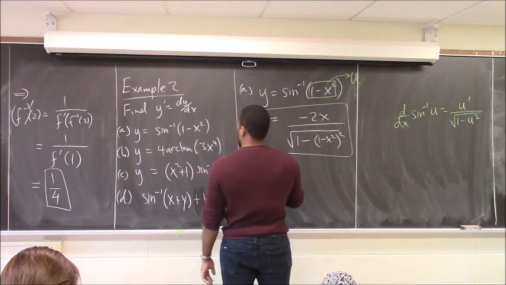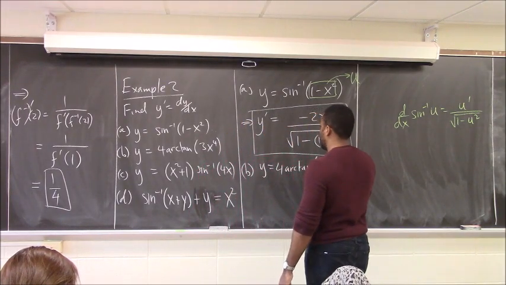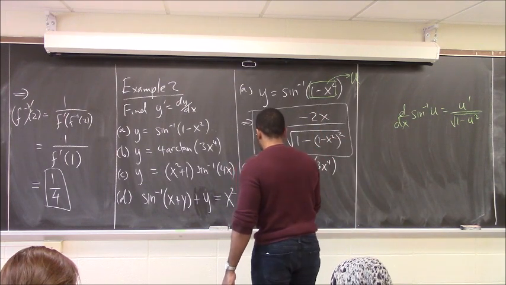B. If y is equal to 4 times the arctangent of 3x to the fourth, what is y prime?